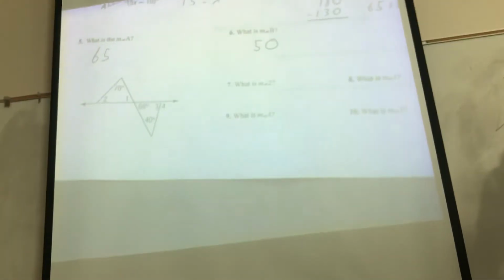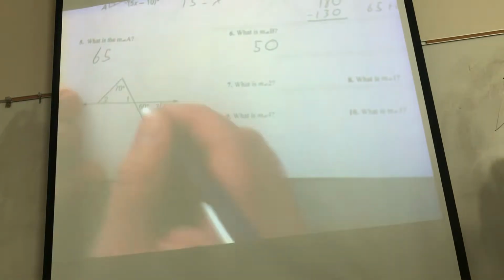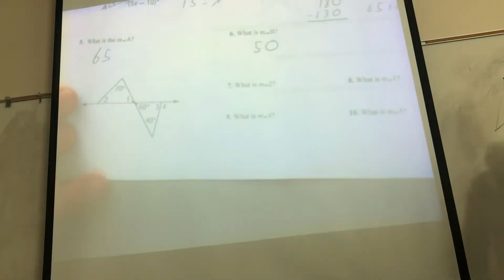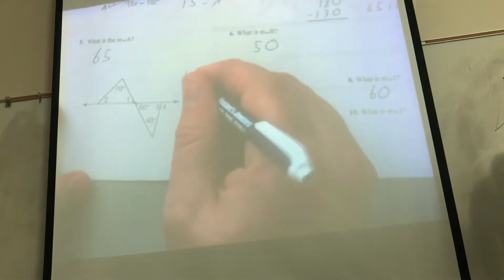On this one, the measure of angle 2, the measure of angle 1, the measure of angle 4, the measure of angle 3. The first one I would do is the measure of angle 1 because these are vertical angles. The measure of angle 1 is 60. It's a pretty quick find. The measure of angle 2, all of the triangle is going to add up to 180.